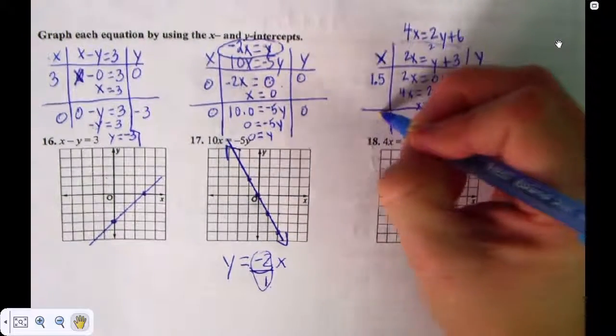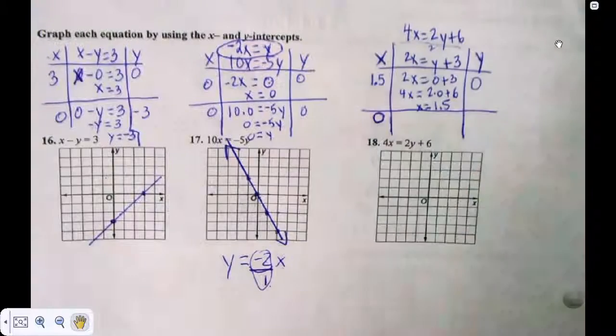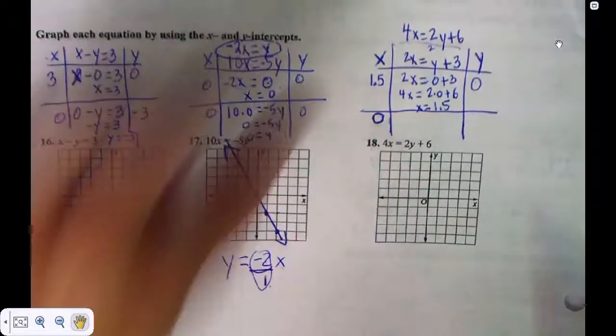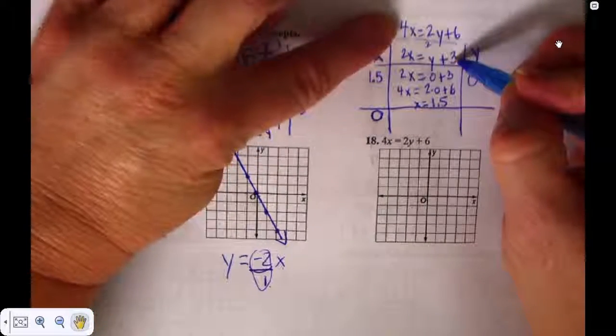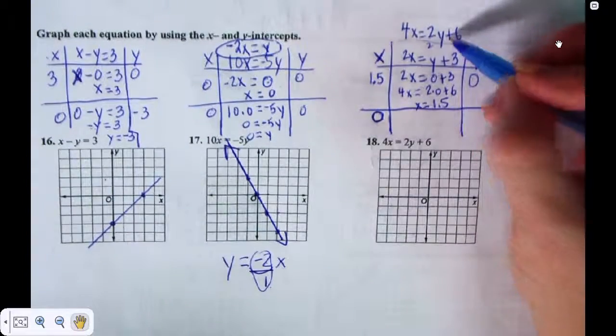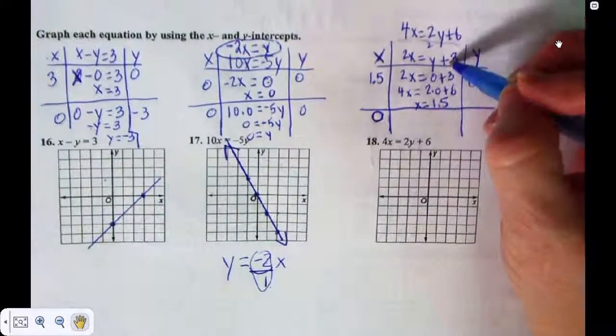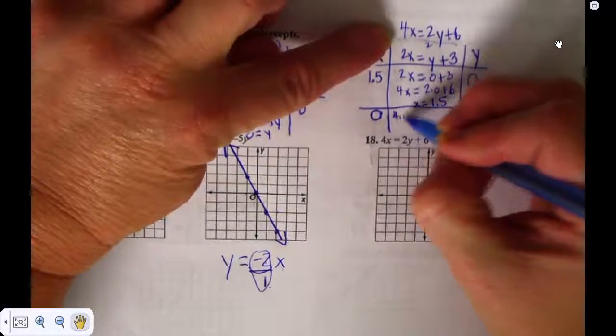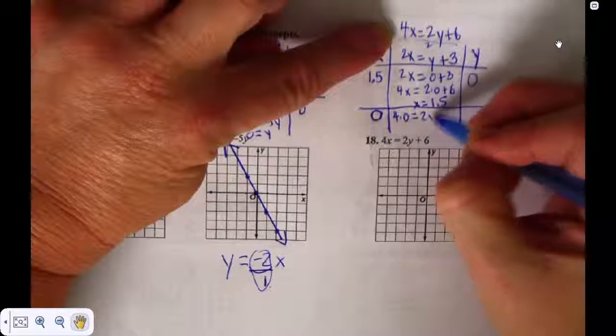And now we're going to do the y-intercept. So x has to be 0. X is going to be 0. Did anybody, I know those that I helped at CATS did it this way, but did anybody reduce it? Okay, so I'm just going to do it this way. So 4 times 0 equals 2y plus 6.